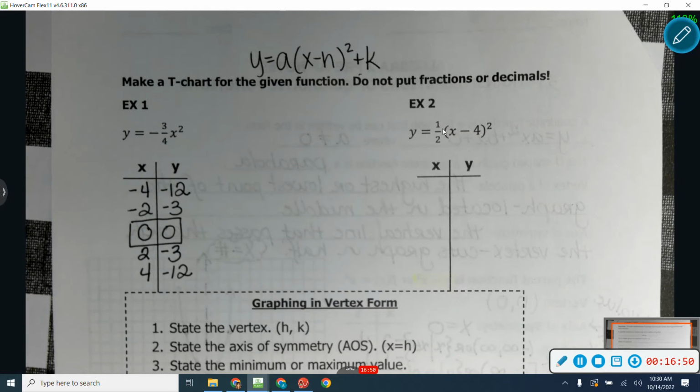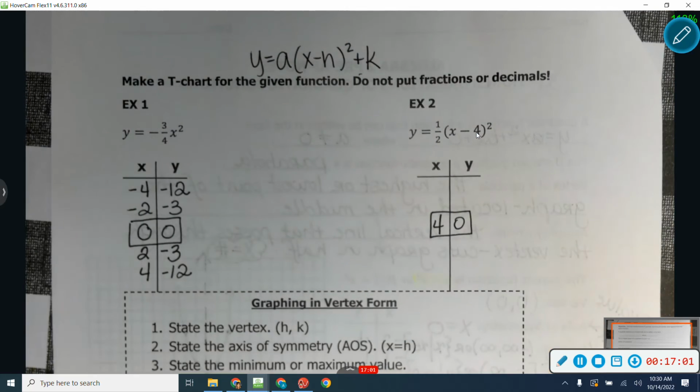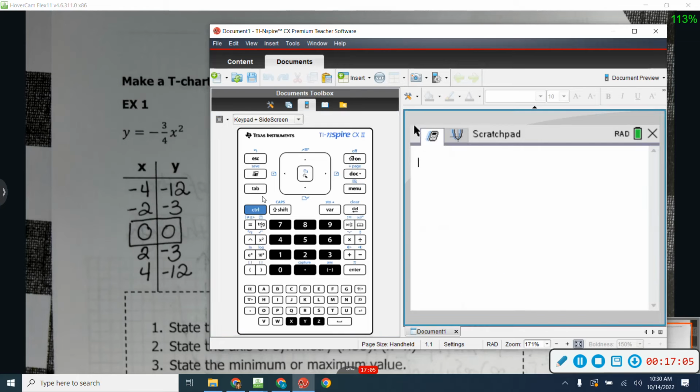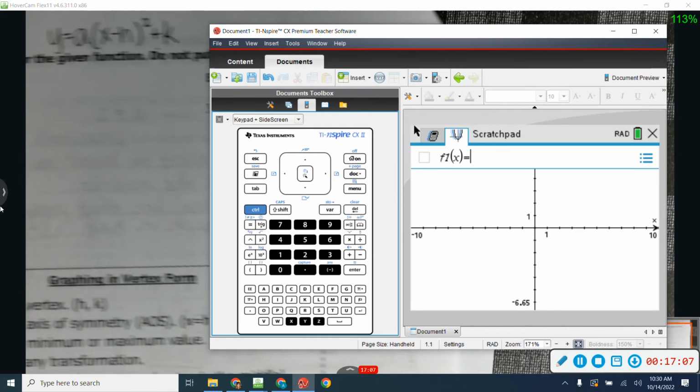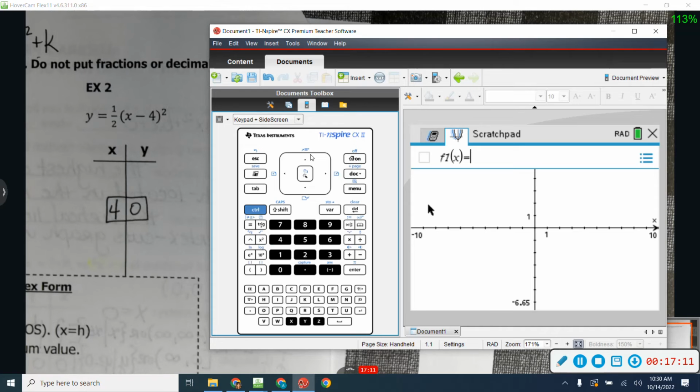So then, if I'm looking at my next example, y equals 1/2 times x minus 4 squared, what's going to be my vertex here? 4, 0. Because it's the opposite of your x. So I'm going to doc B. Go back to my graph, and I'm going to type in my 1/2, so control divide. 1/2 x minus 4 squared.